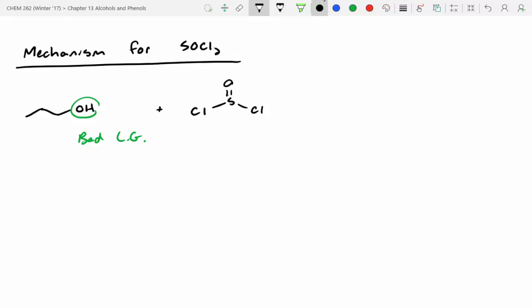And if you think about this, this is a really, really strong electrophile. It is one of the strongest electrophiles we will see in organic chemistry. This oxygen is going to attack the sulfur, and it's going to kick electrons up onto the oxygen.